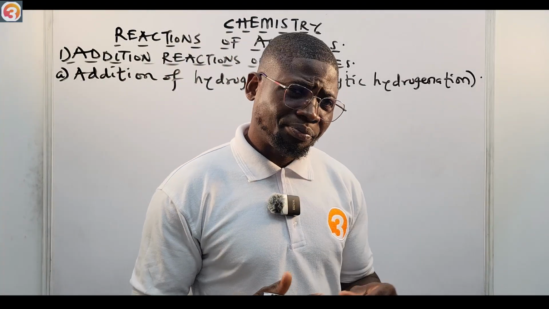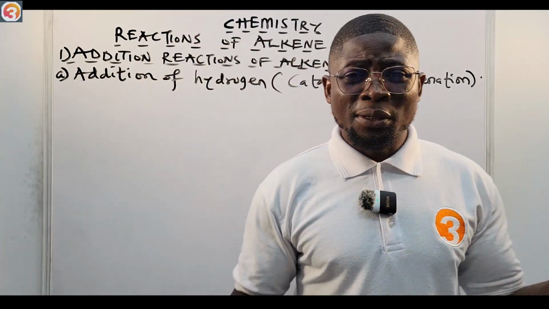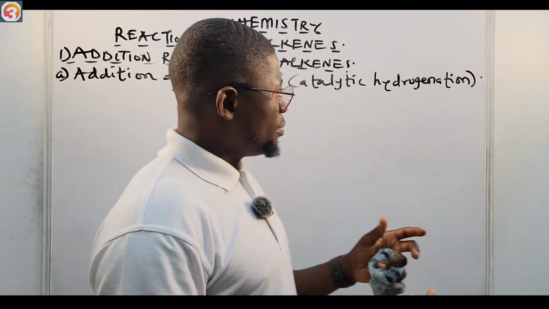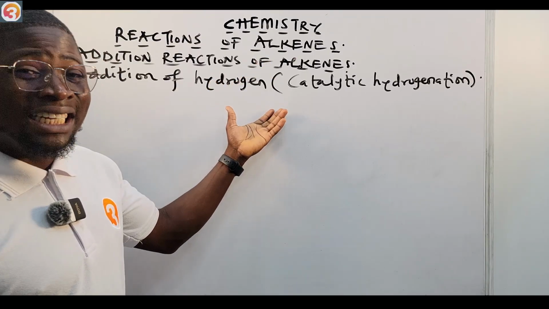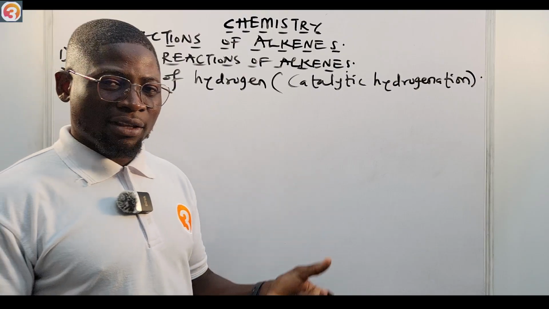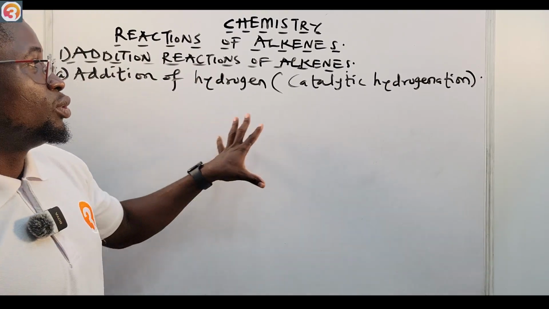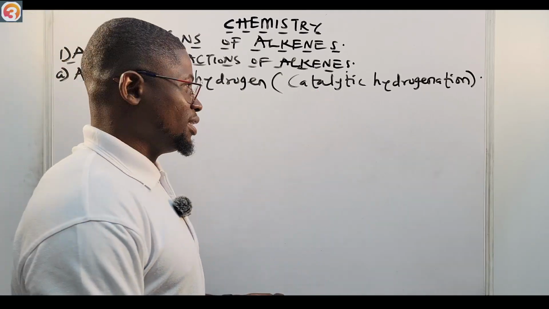Here, alkenes react with hydrogen in the presence of a catalyst. It's called catalytic hydrogenation. What happens is that alkenes react with hydrogen in the presence of catalysts like platinum, palladium, and nickel to form an alkane. Let us see that reaction.